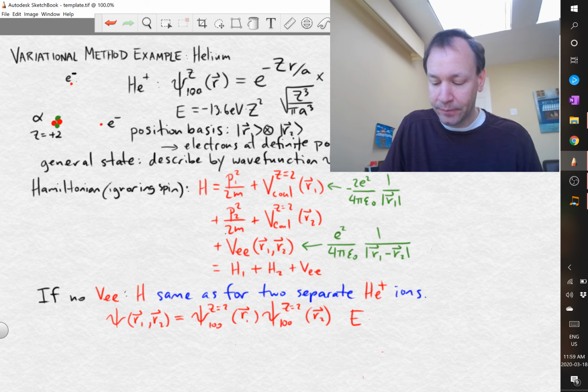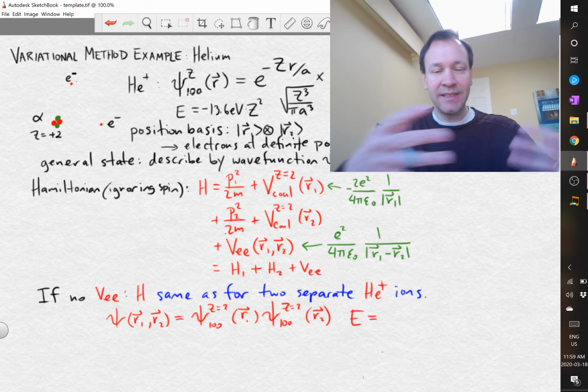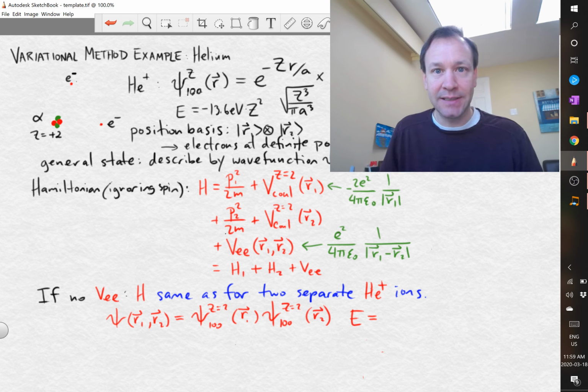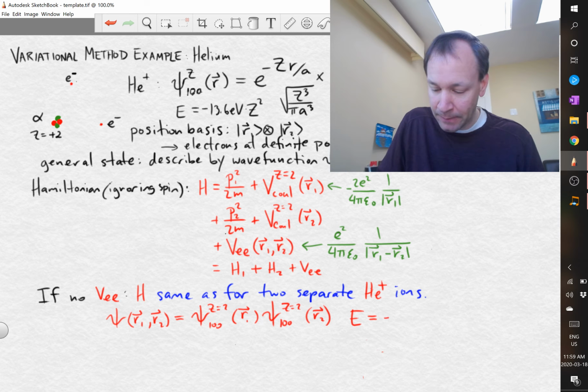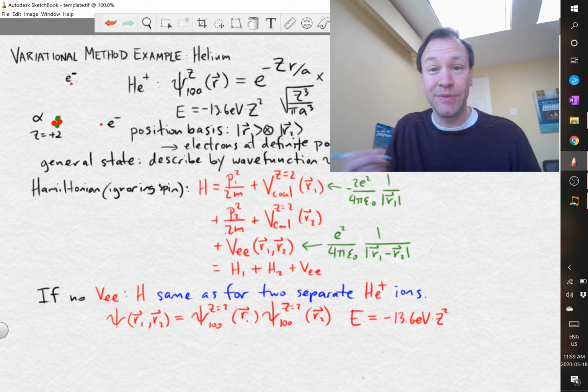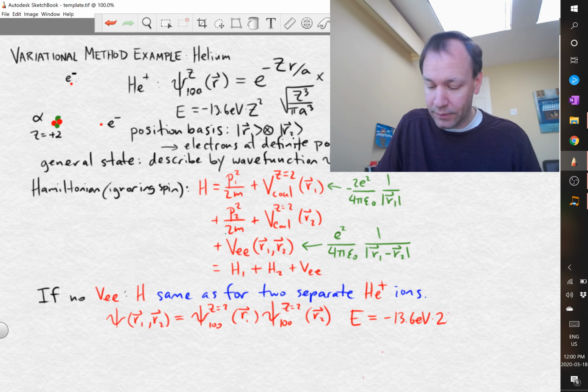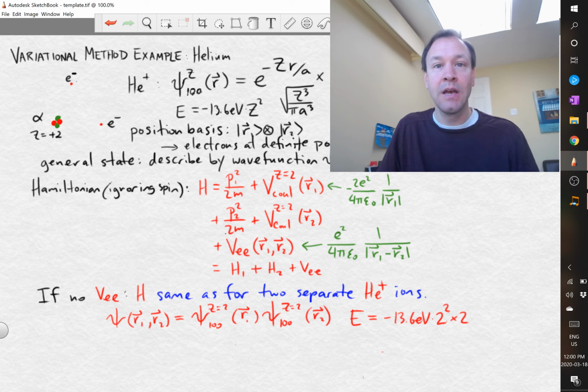The energy would just be double the energy for the single helium plus ion. That would be minus 13.6 electron volts times Z squared, in this case 2 squared, and then times 2 because we have two electrons.